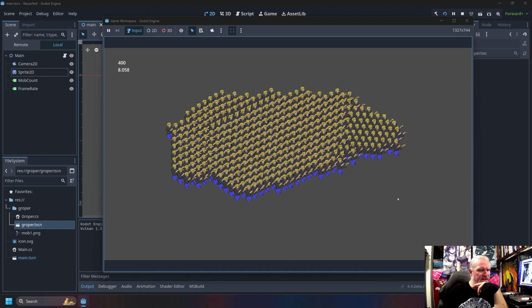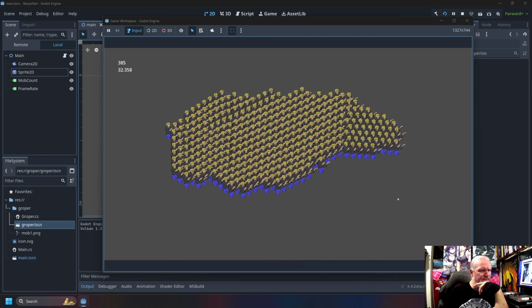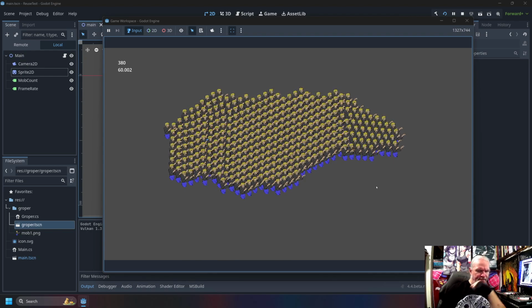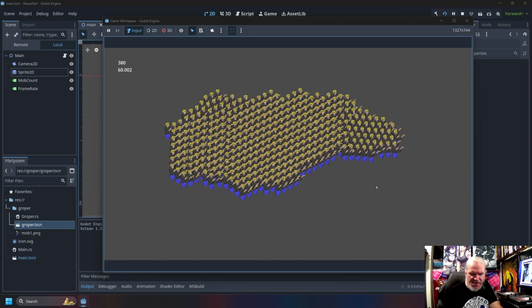Doesn't recover at 400 either, no. Still doing bad. 380, we're doing fine. That's interesting. I wonder what is causing this. My gut feeling is, I think it's something in the collision detection.